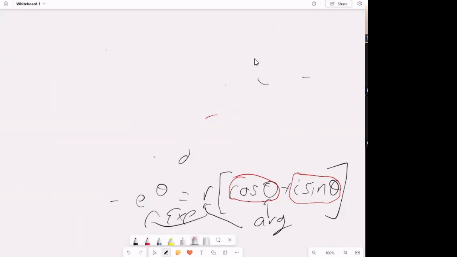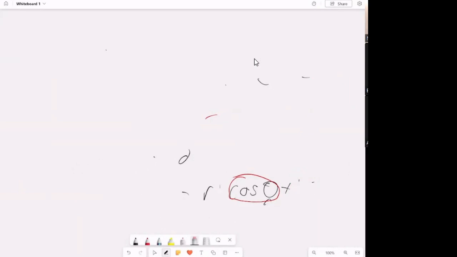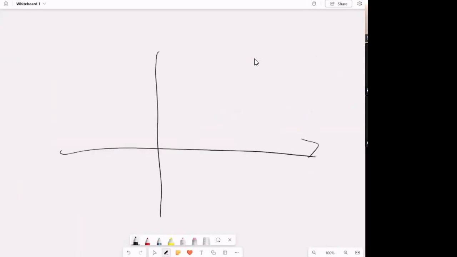Okay, so now let's go through arguments. Let's have some understanding of what arguments really mean. So let's go back to our analysis of the Argand diagram here. We have the real and the imaginary axes. Let's say we have a complex number z, and we have the coordinates x and y.